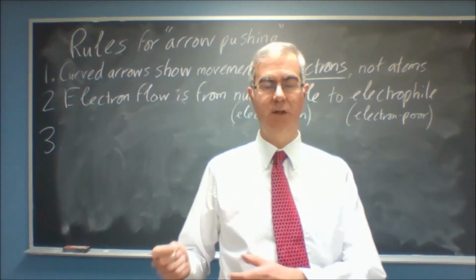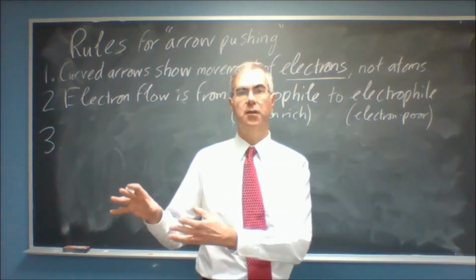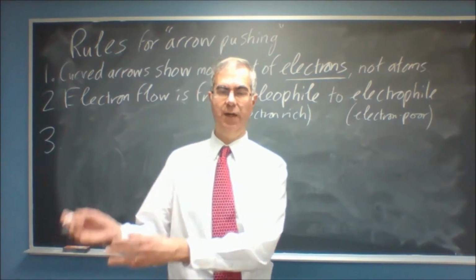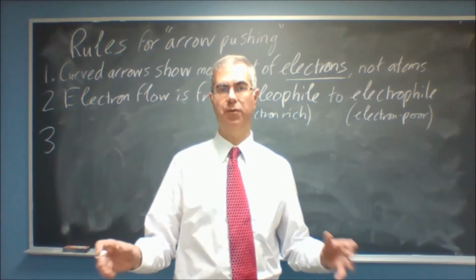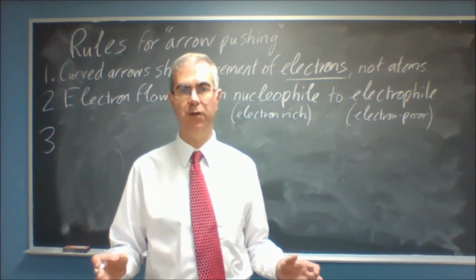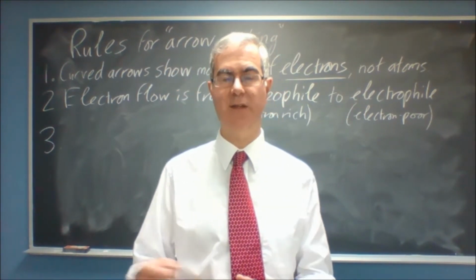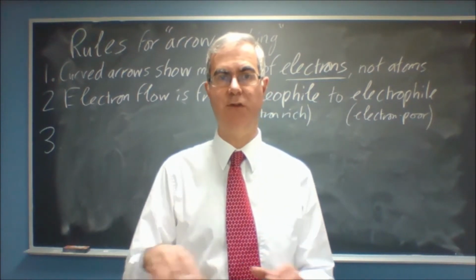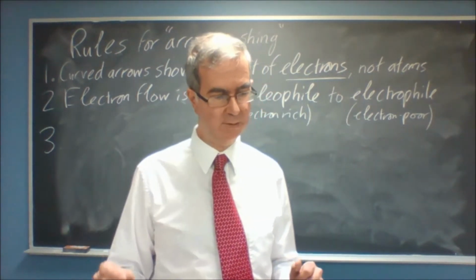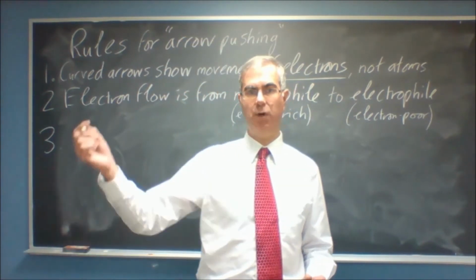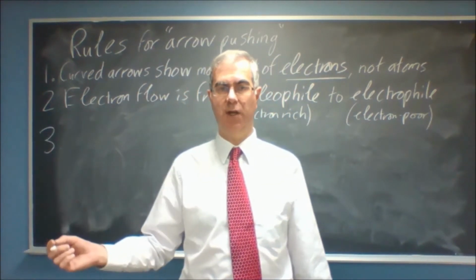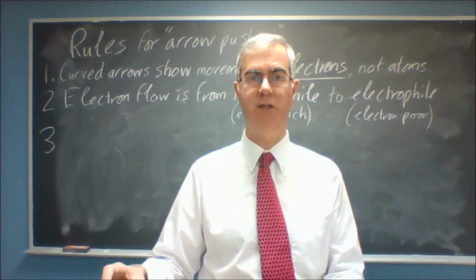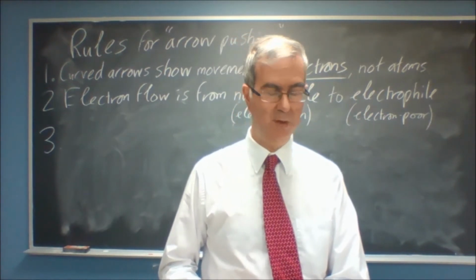But in fact, what happens usually is if you have, say, a lone pair to begin with, and that pair of electrons moves, it forms a new bond. And when it's forming a new bond, it's gone from having 2 electrons all to itself to having 2 electrons shared. So the net result is actually a +1 increase in charge, because it's still sharing the 2 electrons, it's just now they're shared between 2 atoms instead of being all on one.